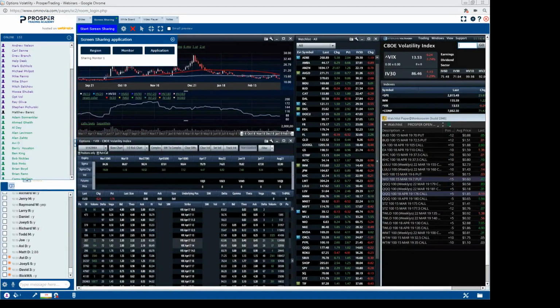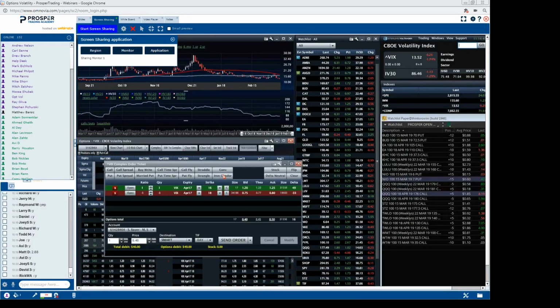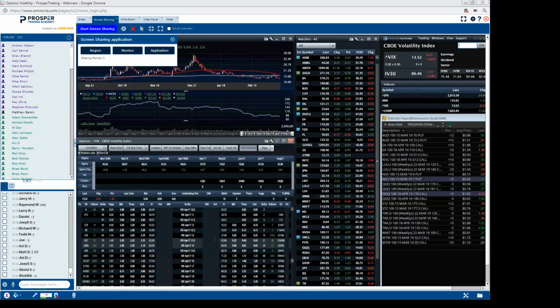Okay, so now if we're looking for an upside play in VIX and we want to choose these options, 18 would really be our target. So we can look at, let's say, even just the 16-18 spread if we want, and that's trading right at about 45, 50 cents. Great. That's the reward to risk we would look at.